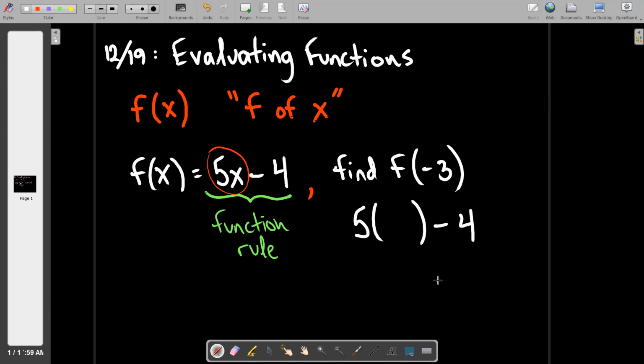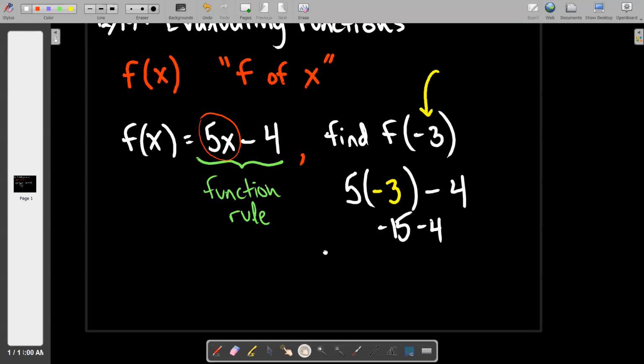And what is our input for f of -3? It's right there. So you just change x into -3 and do the math. I would assume at this level, this point in your life, the math in a case like this would not be a struggle. What is 5 times -3? And then what is -15 minus 4? So we make the following statement.